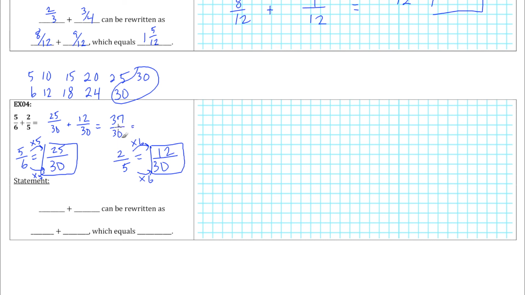Now, how many wholes can I pull out? 1 whole. How many are left over? 7. 7/30ths are left over. So 5/6 plus 2/5 can be rewritten as 25/30ths plus 12/30ths, which equals 1 and 7/30ths.